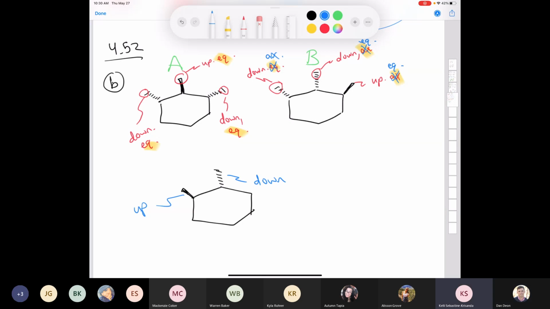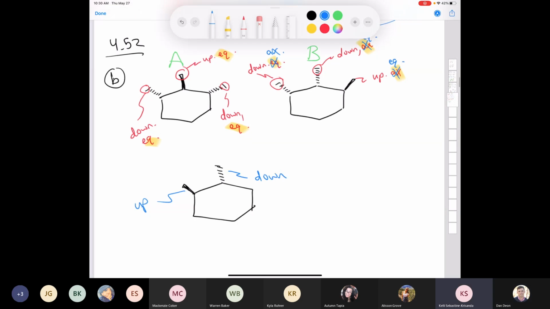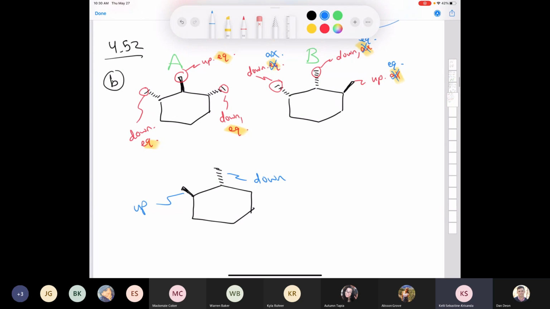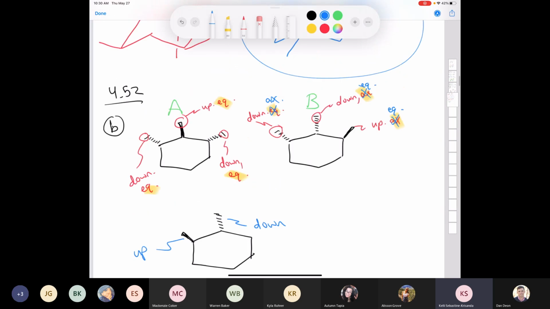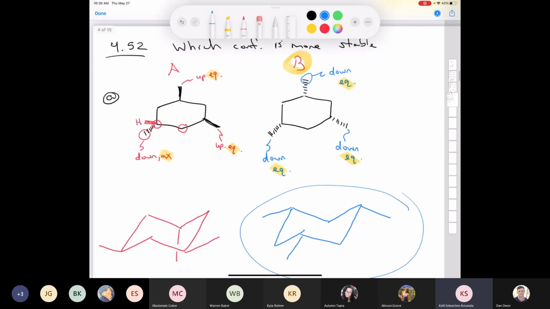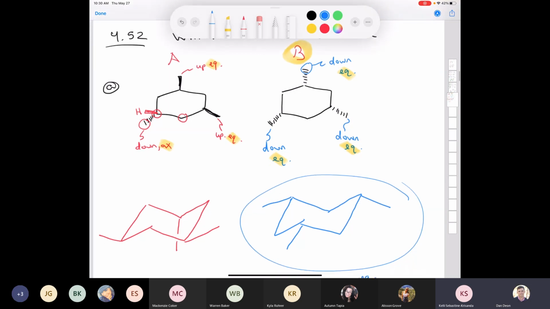I'm just not understanding the alternating of it. On the chair model, if it goes up, 1, 3, and 5 are going to all be axial, and then that means 2, 4, and 6 should be equatorial, correct? Yes, if everything was pointing up, yeah.